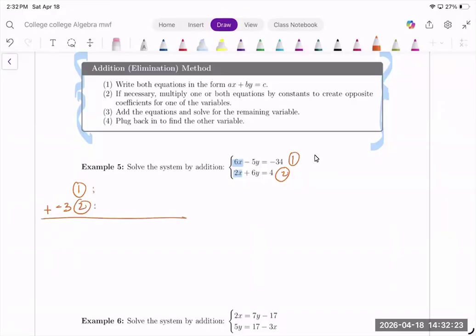And watch what happens. I'm just rewriting equation 1: 6x minus 5y equals -34. And then I'm running a -3 through all of equation 2. So -3 times 2 is -6x, minus 18y equals -12, because again, we ran a -3 all through equation 2.